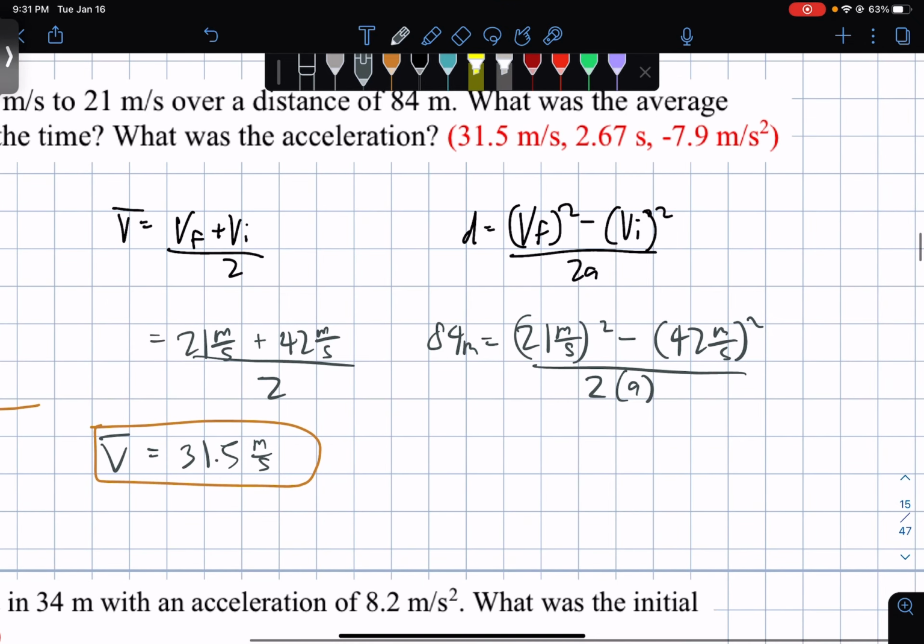So, 21 raised to 2 minus 42 raised to 2 is equal to negative 1323 meters squared over seconds squared divided by 2a, and then we have 84 meters here. 84 times 2 is 168.